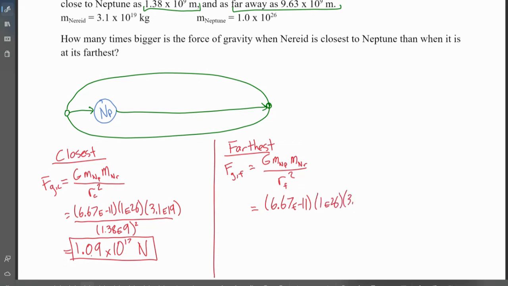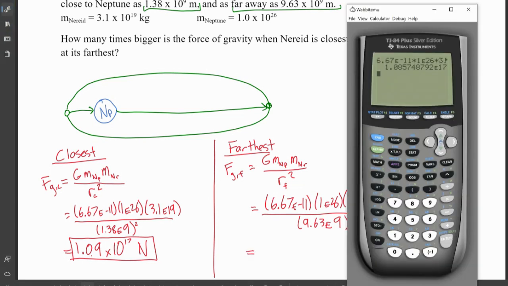Mass of Nereid, 3.1 times 10 to the 19. Divided by, no, I'm sorry, this is the new radius. This is now the radius when they're farthest away, which is 9.63 times 10 to the 9th meters, but that gets squared.